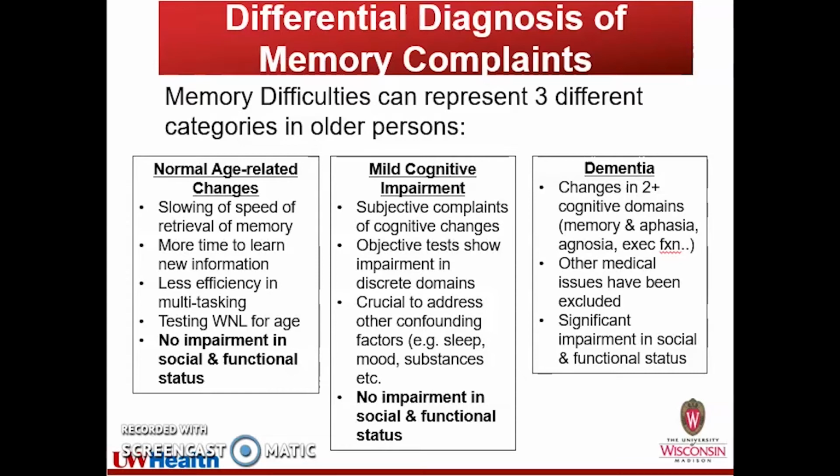And that could be executive function, it could be attention, it could be language skills. And these objective abnormalities coexist with evidence for impairments in instrumental or basic activities of daily living.